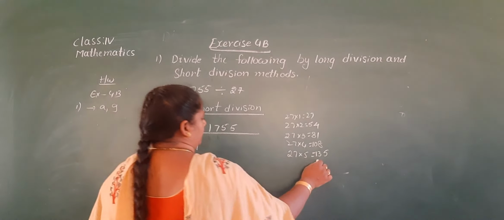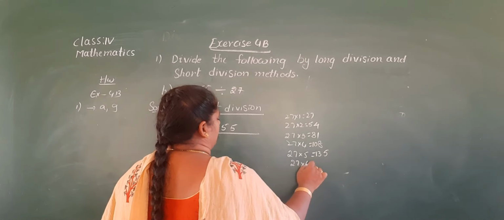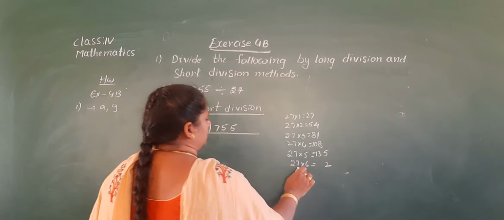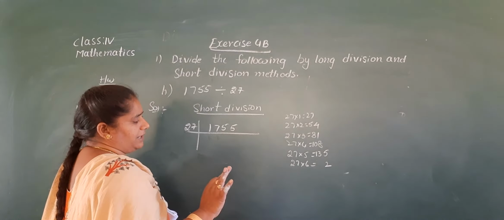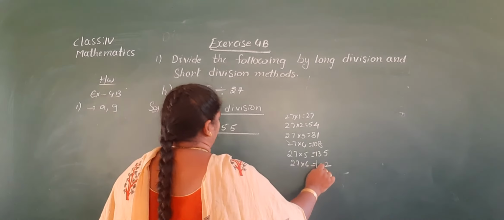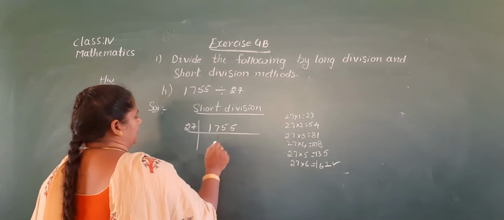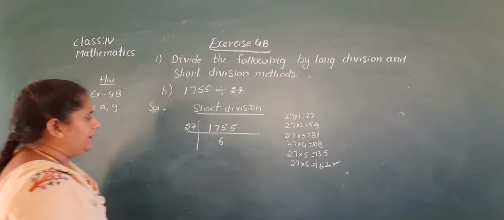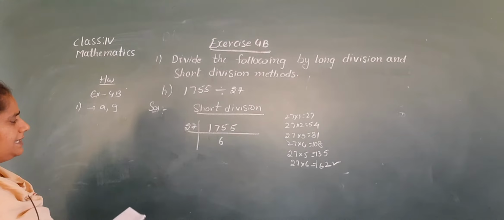So you take 6 times also and check: 6 sevens are 42, 6 twos are 12 plus 4, 16, 162. So this is the nearest number. So you write 6 times, 162.